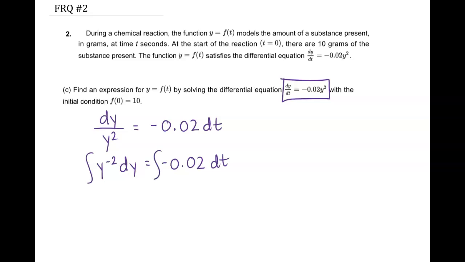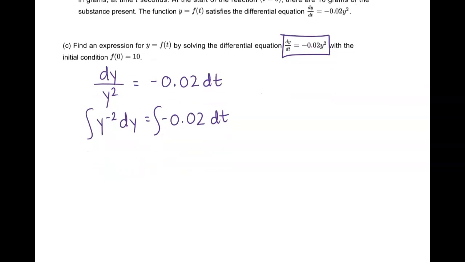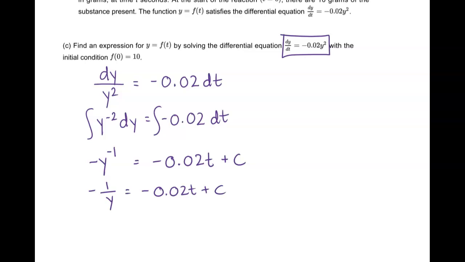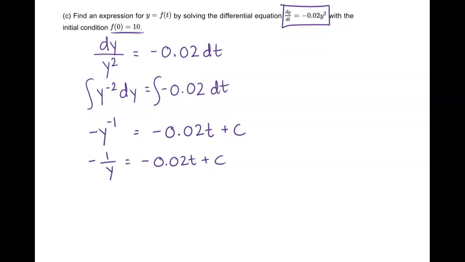Now let's integrate both sides. So we get negative y to the negative first power equals negative 0.02t plus c. This is the same as negative 1 over y is equal to negative 0.02t plus c. So now we can keep solving, or we can find c now. I'm going to solve for y first, but again, it really doesn't matter which way you do it.